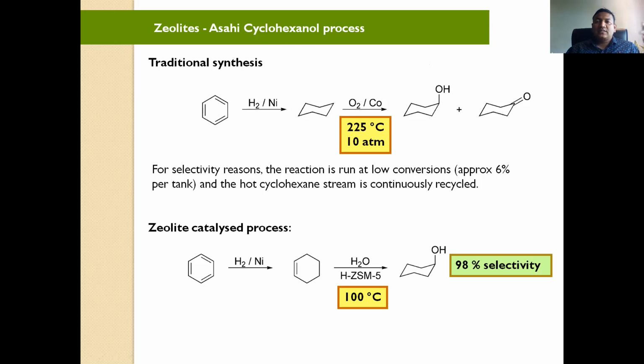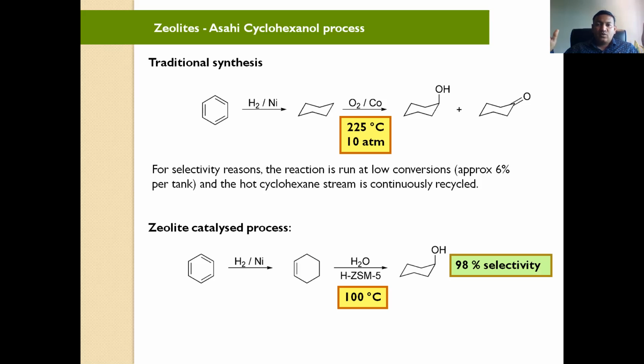Then the process was modified and they used a catalyst, which is the ZSM5 catalyst. Zeolite is the big brother; in zeolite there are thousands of catalysts, and out of that, ZSM5 is one of them.